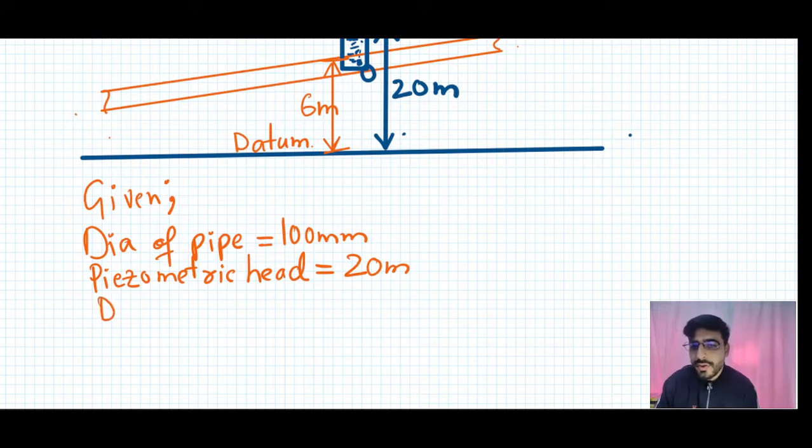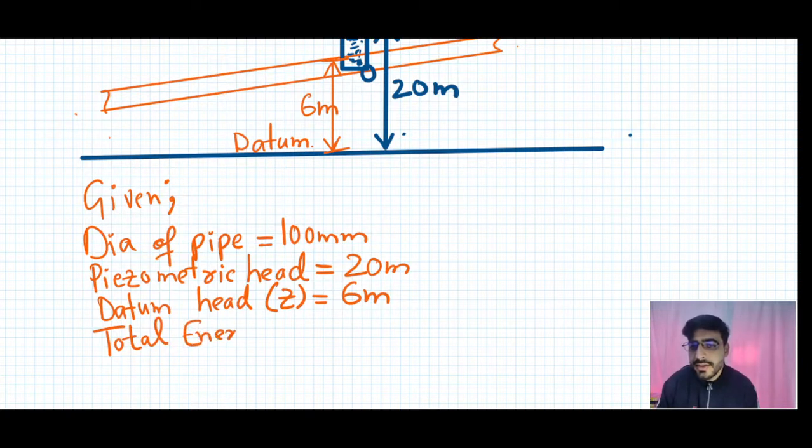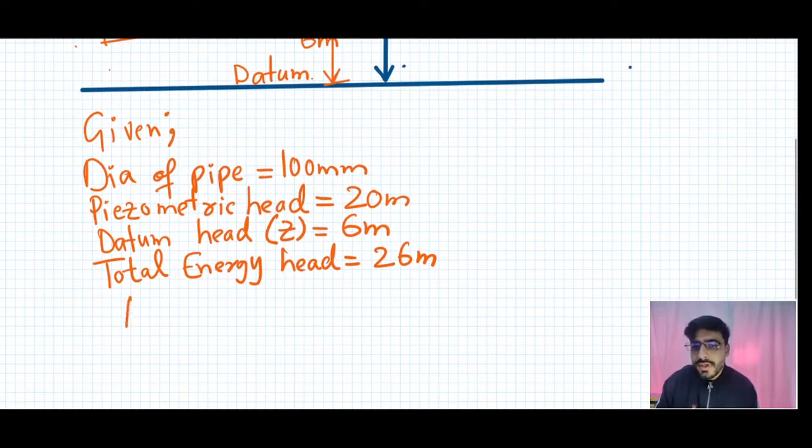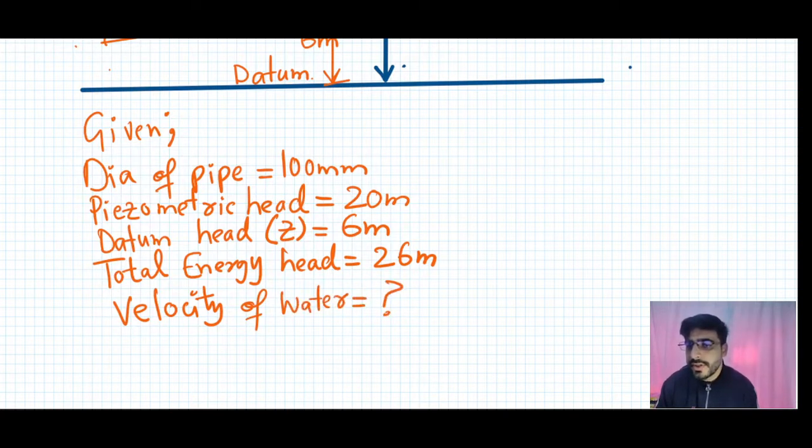We have the datum head or the elevation head, let's denote it with Z, which is equal to 6 meters. We have total energy head equal to 26 meters. Okay, and we have to determine the velocity of water, which is to be determined.